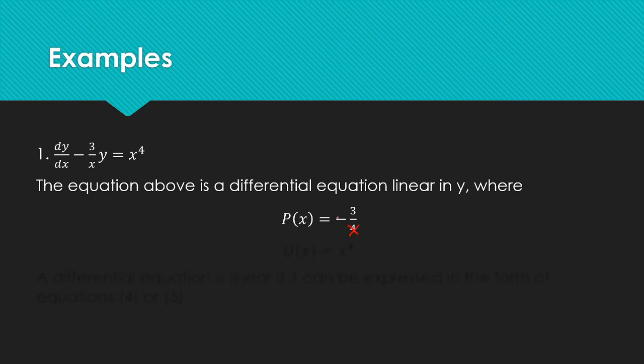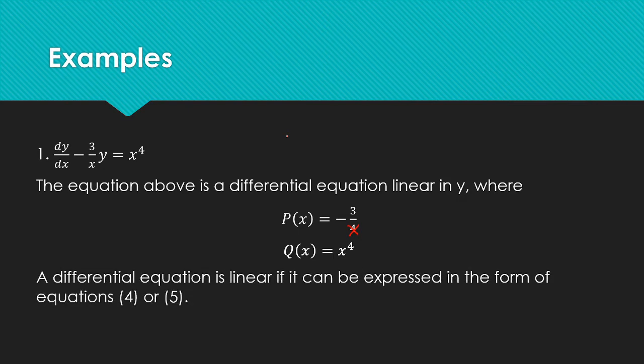That is the function of x na nakamultiply sa y. That is equal to x raised to 4, and that is our q of x. So, a differential equation is linear if it can be expressed in the form of equations 4 and 5. So, since this is expressed in the form of equation 4, this is a linear differential equation.